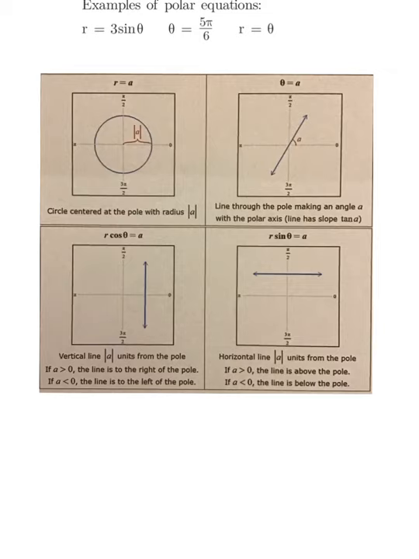a equals r cosine theta. If you think about that, cosine theta we talked about was always the x coordinate. And if you have an equation in rectangular form that is only x equals, that is always a vertical line.